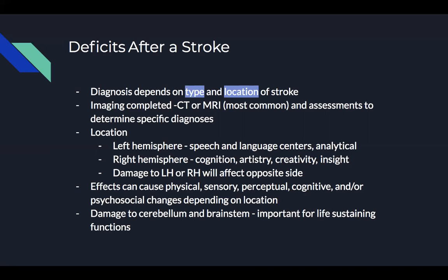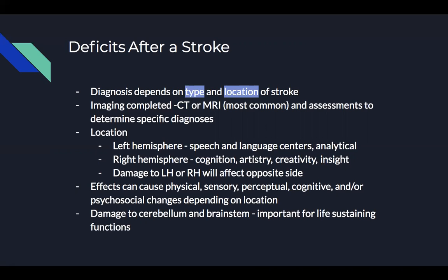Sensory is going to be our senses. Cognitive changes like inattention, disorientation, memory loss, impaired insight and judgment. Perceptual, like our proprioception, where our body is in space. And psychosocial will be some of those more personality changes, grief, disinterest, lack of motivation.